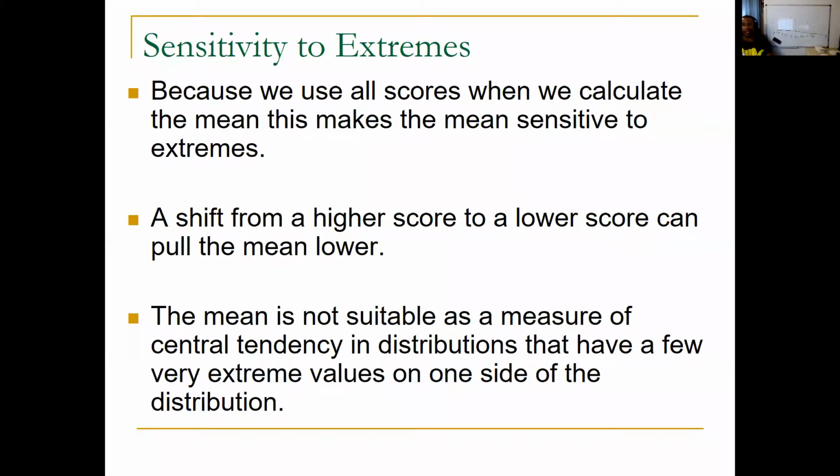Because we use all scores when we calculate the mean, this makes the mean sensitive to extreme outliers, as we discussed already. A shift from a higher score to a lower score can pull the mean lower, and vice versa. A shift from a lower score to a higher score can pull the mean higher. And like I said, the mean is not a suitable measure of central tendency when we have a few extreme values on one side of the distribution.